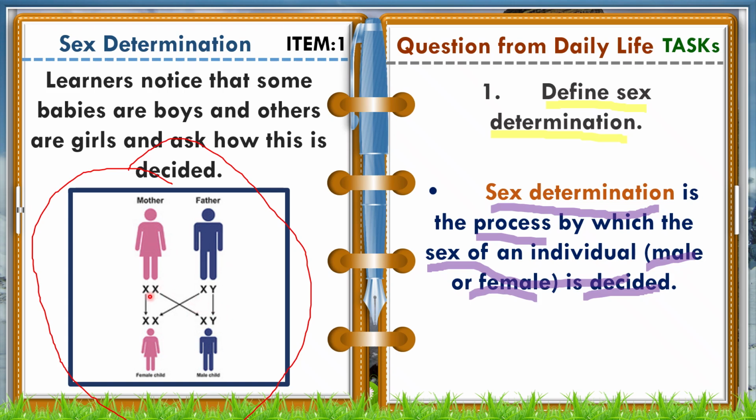So when they form gametes, if the X gamete of the mother and the X gamete of the father combine, we are going to get a girl child. If X from the mother and a Y from the father combine, we are going to get XY. This will be a boy child.